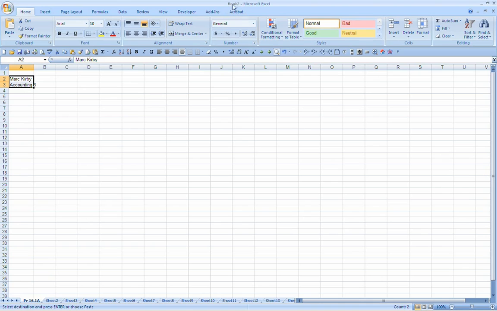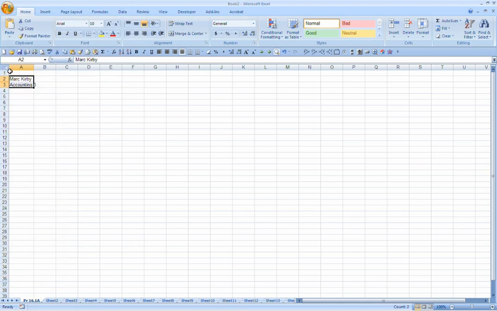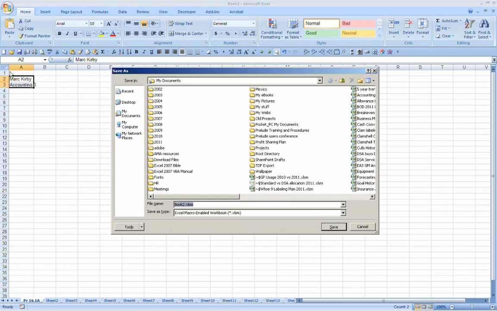How are we going to save this? We're going to do a File, Save As, and make sure we get our name in the file name. Chapter 16. Here we go.